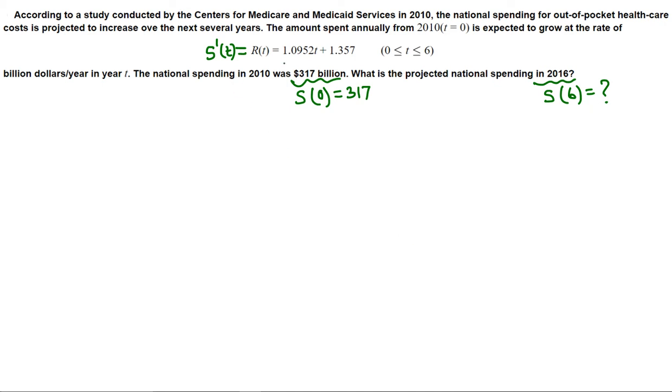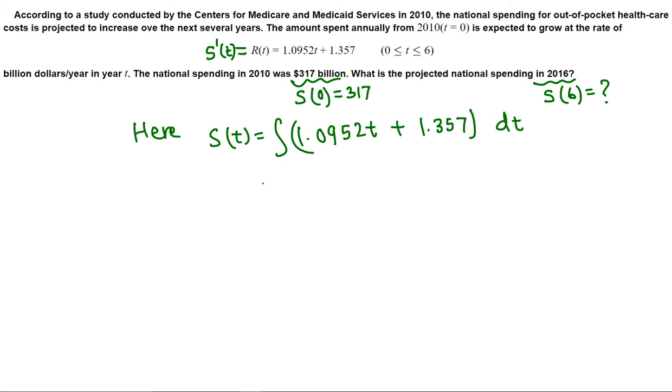So we integrate this function and find the spending S. Here the spending is just the antiderivative of this rate of change of spending: the integral of 1.0952 t plus 1.357 dt.